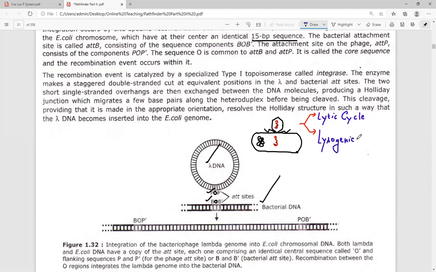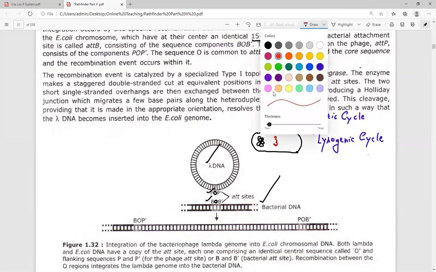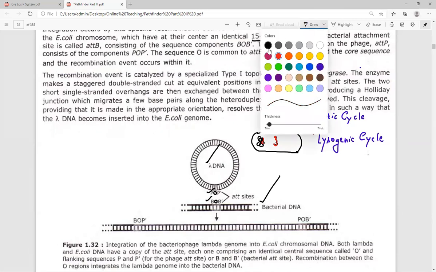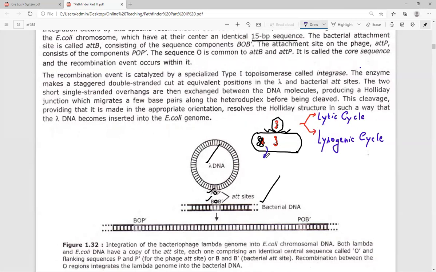In the case of the lysogenic cycle, what would have happened? The phage DNA would have been incorporated into the bacterial chromosomal DNA. Supposing the phage DNA gets incorporated into the bacterial chromosomal DNA, such phage DNA will be referred to as the prophage.